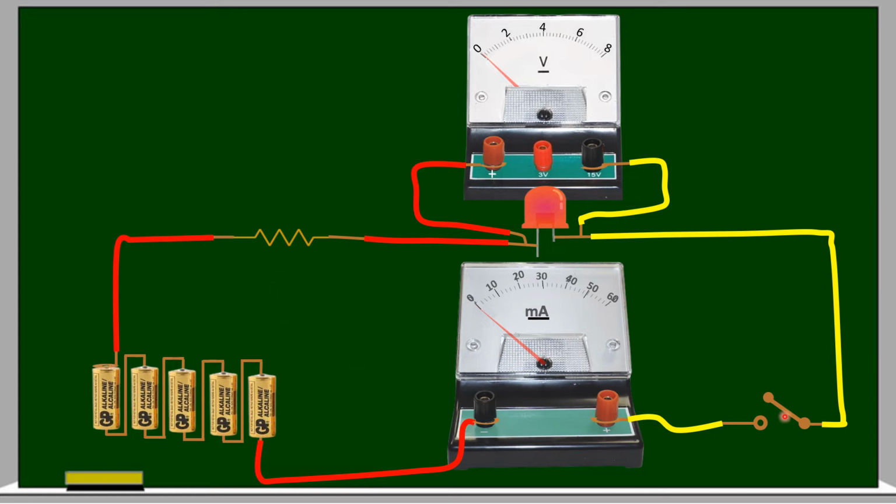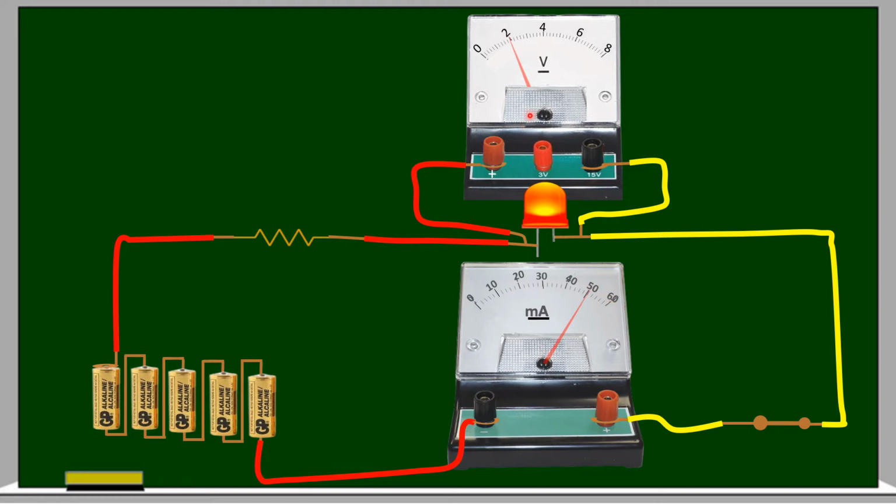Okay, now let us switch on the key here. See here, in this case the LED is glowing brightly. Okay, that means more current is flowing through it.